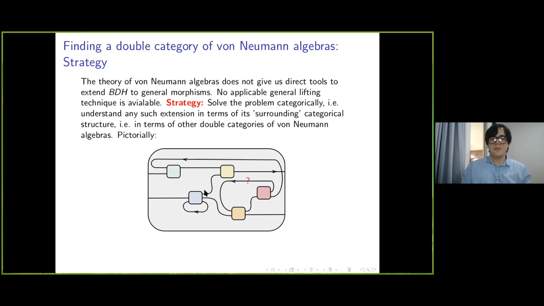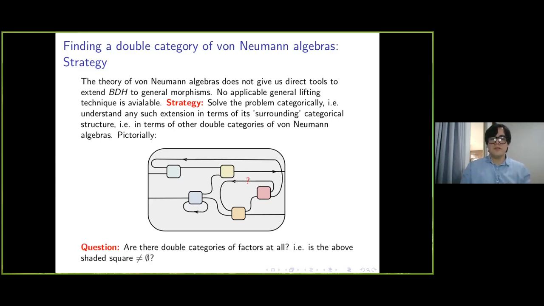This is meant to represent a category. Let's say we have a question mark here, which is the extension that we want to define. To know things about this, we just want to know how it interacts with the rest of this thing, or with a neighborhood. If we get some information on the external behavior of this thing, then maybe we can get closer to knowing how to define it.